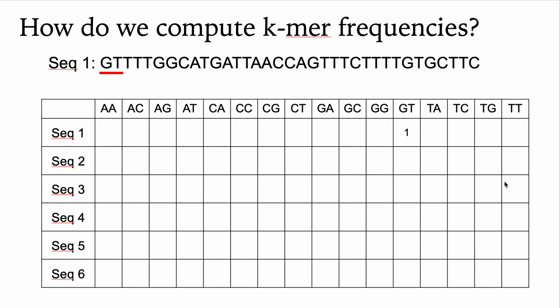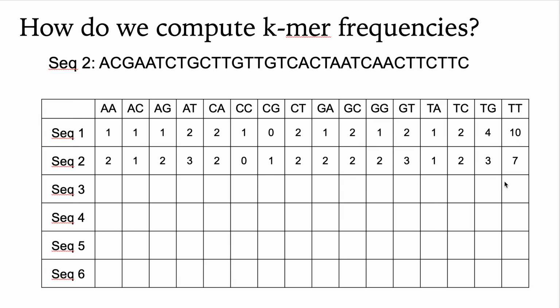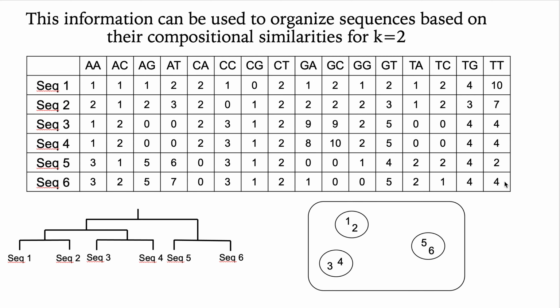How do we compute a dinucleotide or k-mer frequency? So in this example, we have a short sequence, and what we can do is run basically a sliding window formed of two nucleotides along your sequence and tally up how many of each dinucleotide exist in this sequence. So if we go all the way along this particular sequence, you can see it has a certain proportion of dinucleotides represented. If you do this for multiple sequences, what you find is that sequences that are more closely related phylogenetically will also have more similar dinucleotide frequencies.